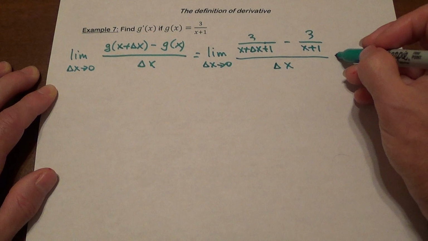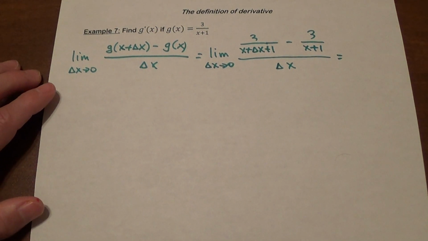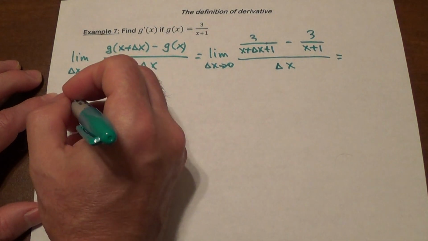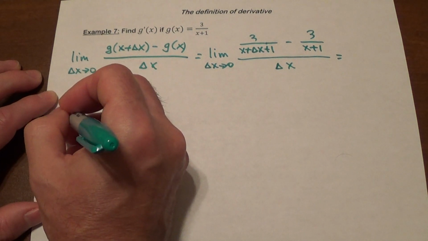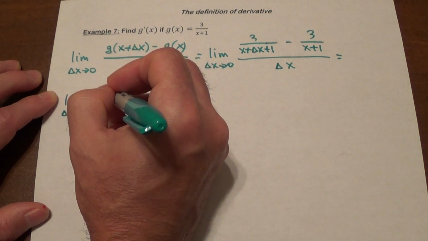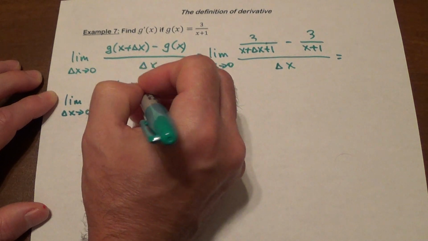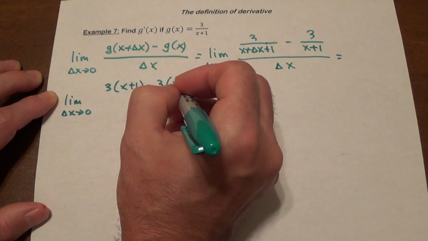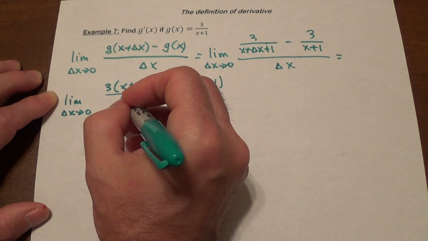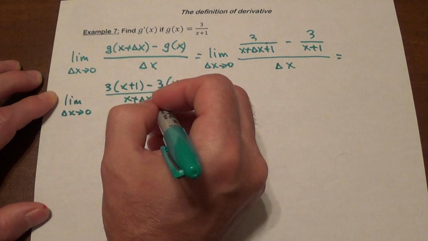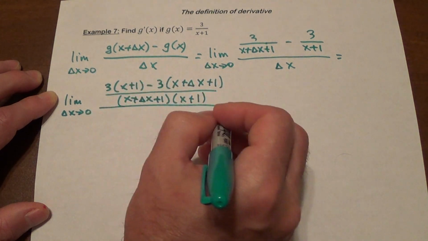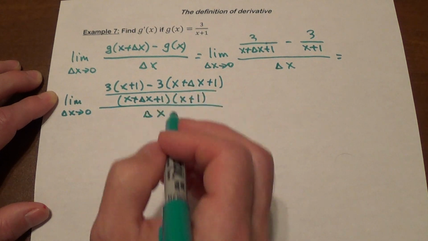So these two fractions need to be combined. So their common denominator is the product of these two. It's going to be a little bit challenging for a moment, but with good algebra skills that should not be a problem. This is going to be 3 times x plus 1 minus 3 times x plus delta x plus 1, all over x plus delta x plus 1 times x plus 1, and then all over delta x.